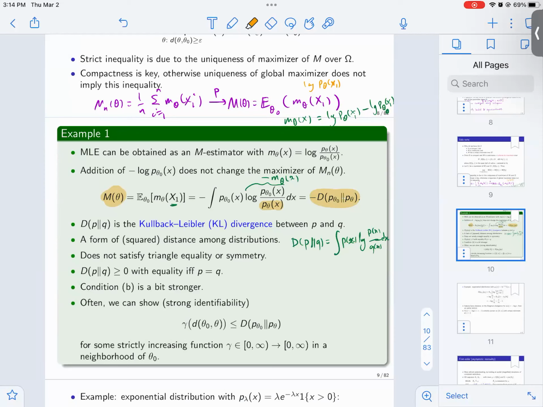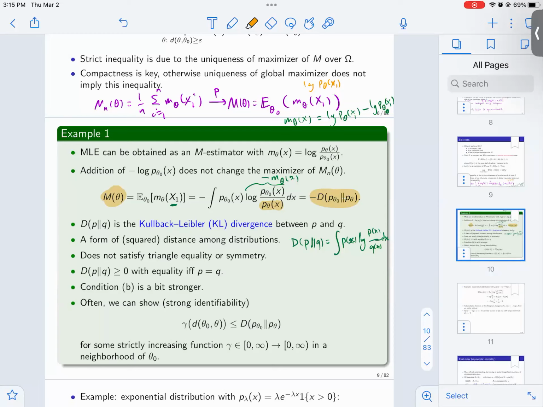In general, you might be able to show an inequality like this: the KL divergence is lower bounded by some gamma of the distance. You could call this, it's not a common name, a strong identifiability criterion. This says that if the KL divergence gets small, it forces the distance of the parameters to get small. In particular, if this is 0, it has to force the parameters to be equal. So that would be identifiability.